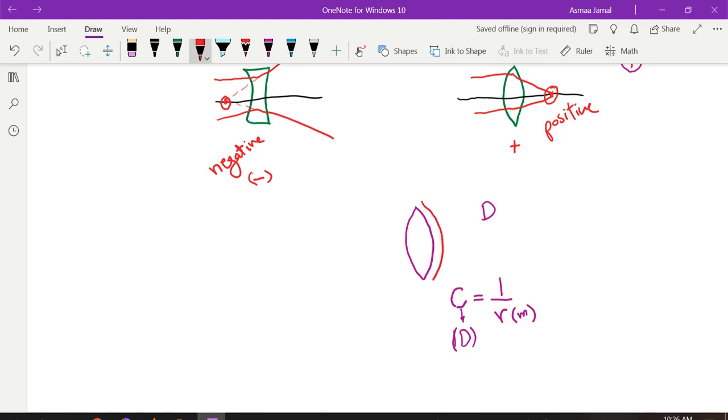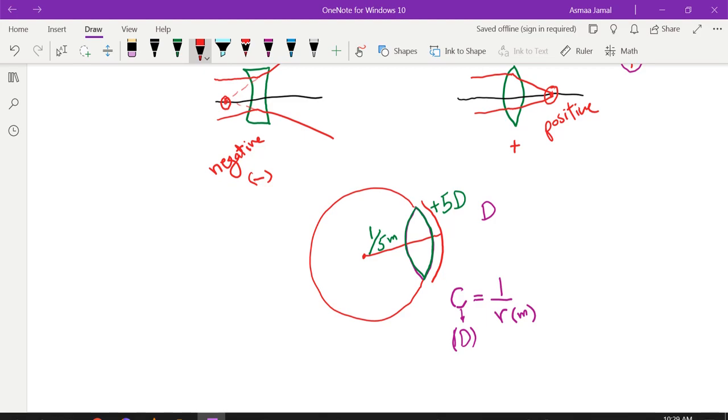So this curvature equals the inverted radius of curvature of the sphere that we took this lens from. So when this radius of curvature, for example, equals 1/5 meter, that immediately means the power of this curvature of this lens equals 5 diopters. You should never forget the sign. Since it's a convex lens, that means it's a positive 5 diopters.